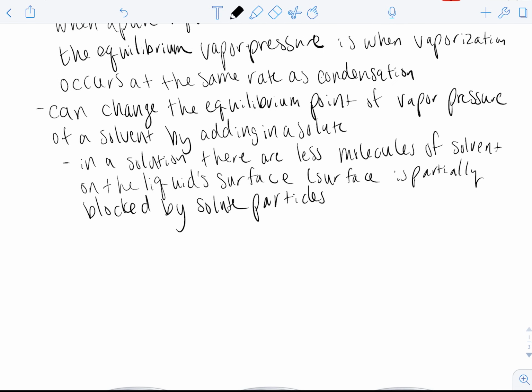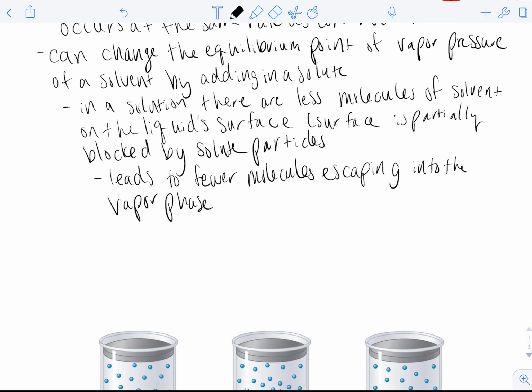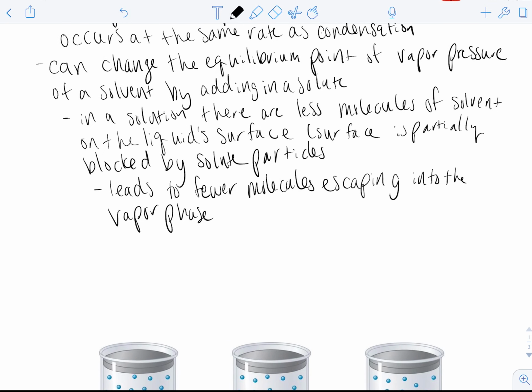Because of that, this leads to fewer molecules escaping into the vapor phase, which in turn leads to a lower evaporation rate.